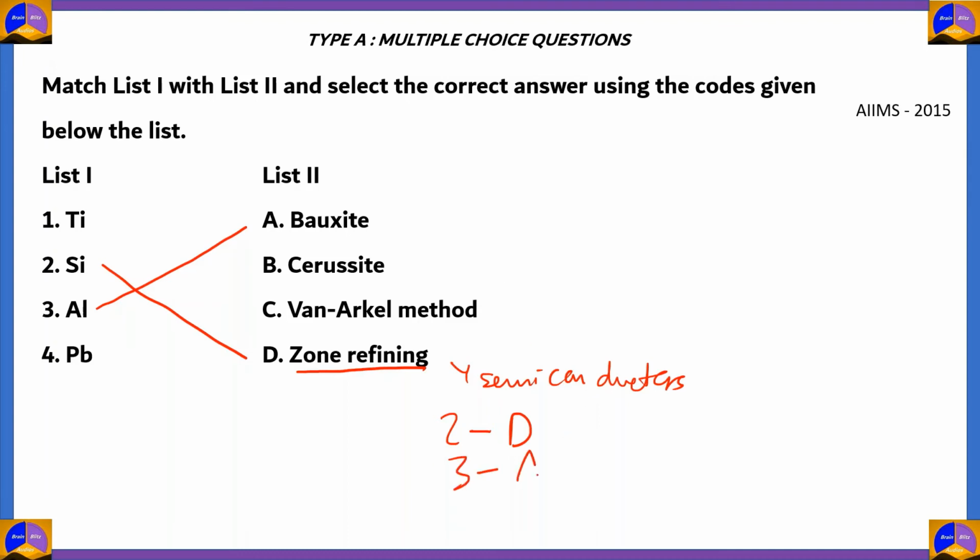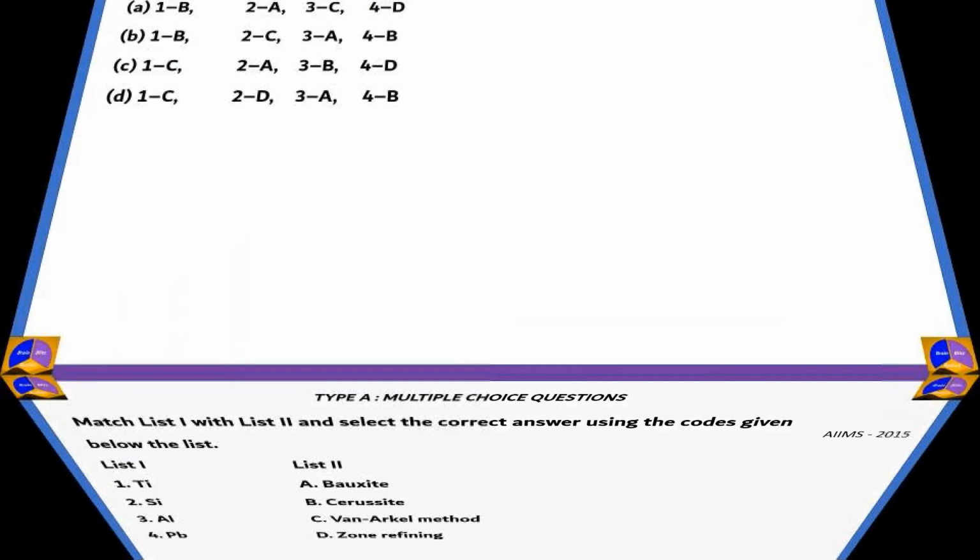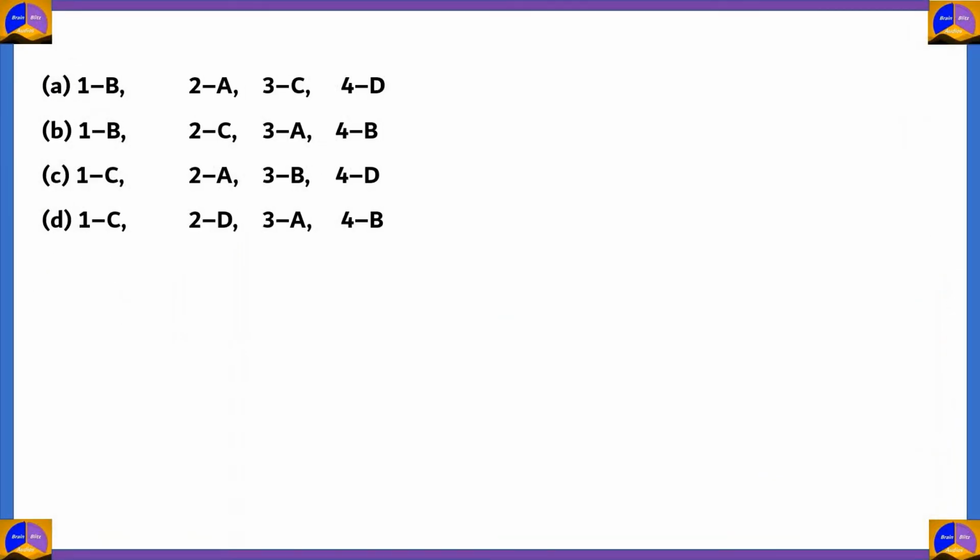So 3 matches up with A. So let's look at our options. We have 1B, 2A, 3C, 4D; 1B, 2C, 3A, 4B; 1C, 2A, 3B, 4D; and 1C, 2D, 3A, 4B. So we found out that 2 is D and 3 is A.